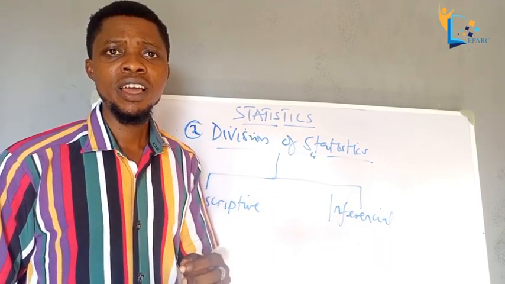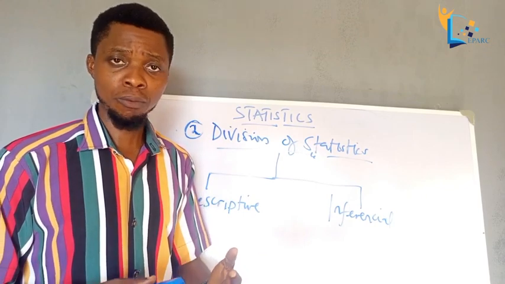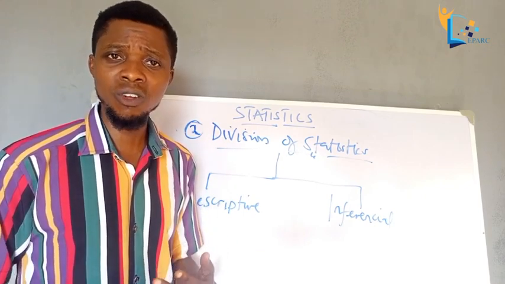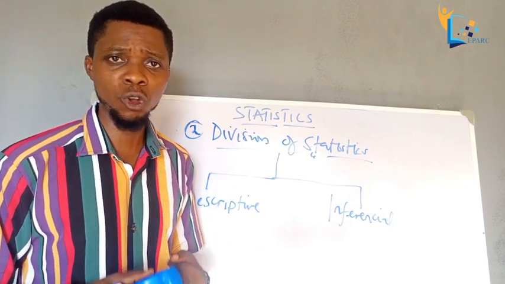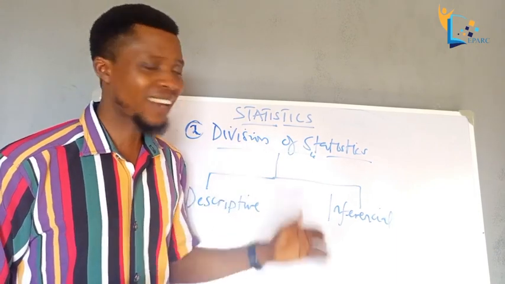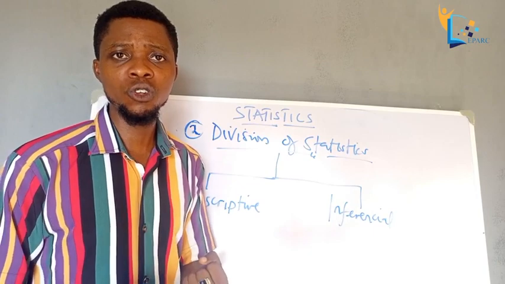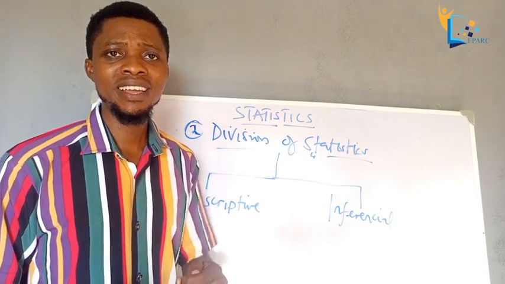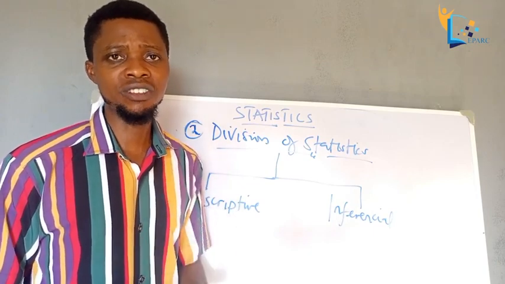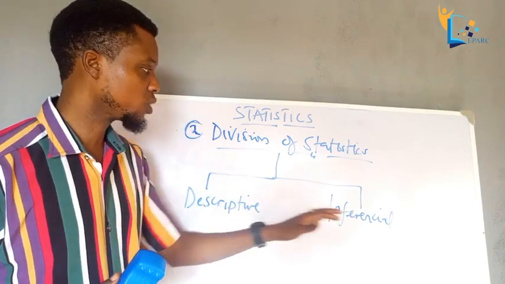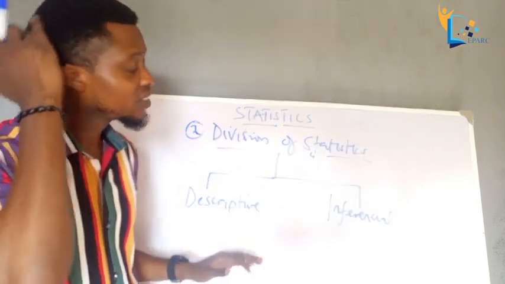The sole aim is to analyze data by using all statistical means, all mathematical and econometric means to arrive at a conclusion that will help us make statistical inferences. These are the two differences between inferential and descriptive statistics.